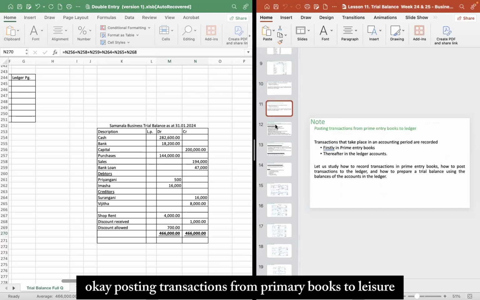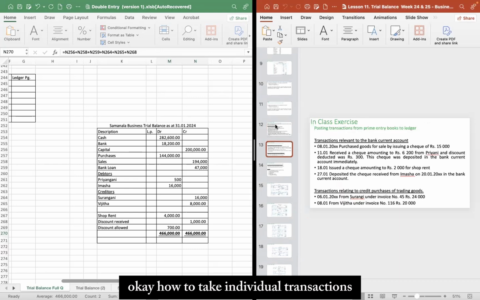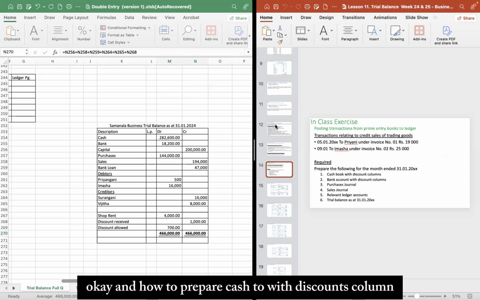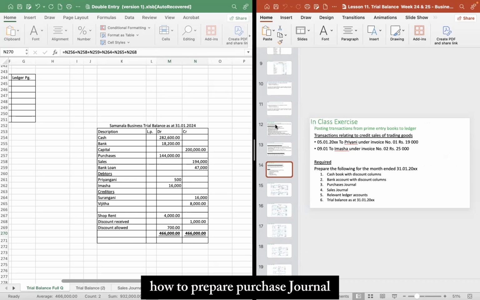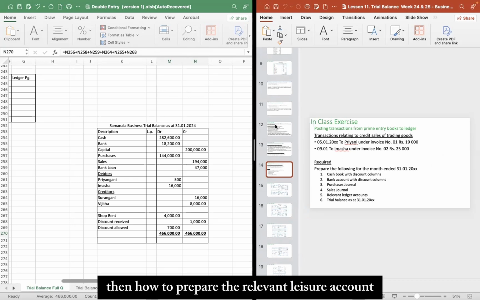Okay. Posting transactions from prime entry books to ledger. How to take individual transactions. Cash book, bank account, and purchases, sales. And how to prepare cash book with discounts column. How to prepare bank account with discounts column. How to prepare purchase journal, sales journal. Then how to prepare the relevant ledger accounts, how to balance them off.